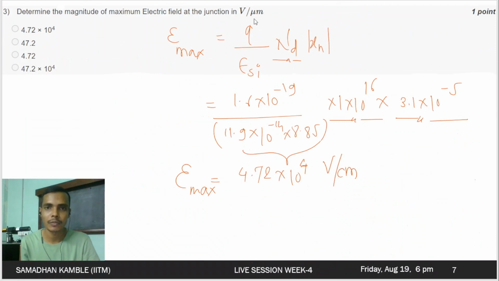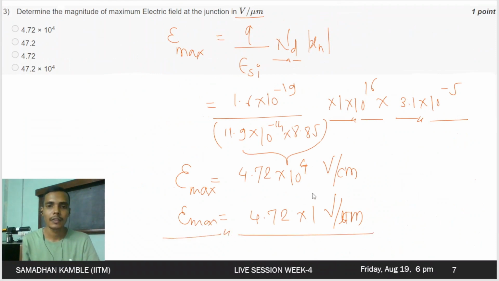We want volt per micron, so we can get it as 4.72 volt per micrometer. Okay, so the value of the maximum electric field found exactly at the junction is 4.72 here. So this is good.